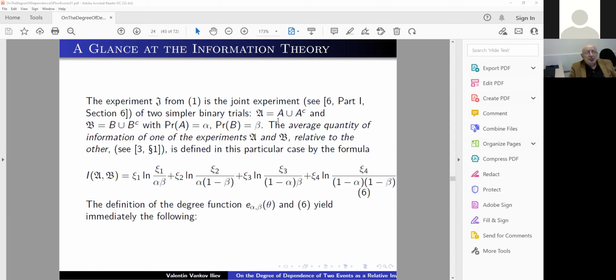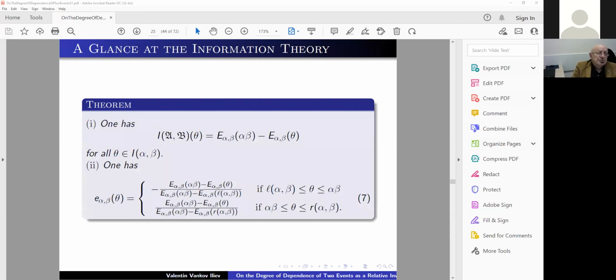Then the average quantity of information of one of the experiments, Gothic A and B, relative to the other, I read this from one paper of Gelfand, Kolmogorov, and Yaglom. It is defined in this particular case by this formula. And then the definition of the degree function, E alpha beta, and this formula yields the following.